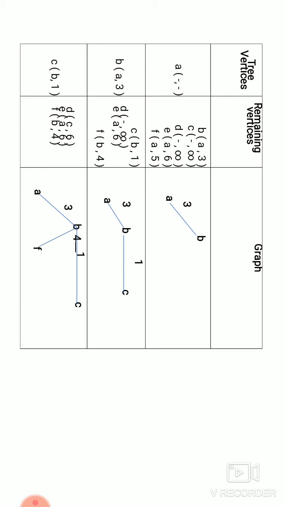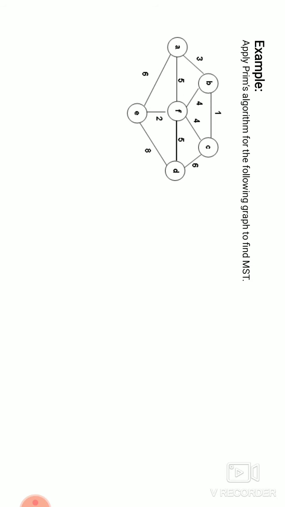So the next part, the graph. Here initially I have to take only A. Next, among B, C, D, E, F, I choose the minimum one. From A I can reach B with distance 3, from A I can reach F with distance 5, from A I can reach E with distance 6.